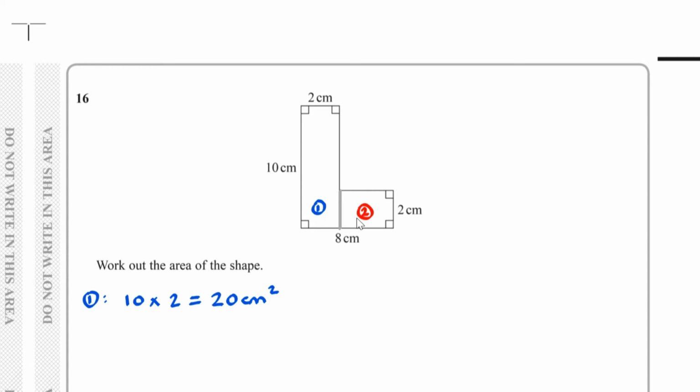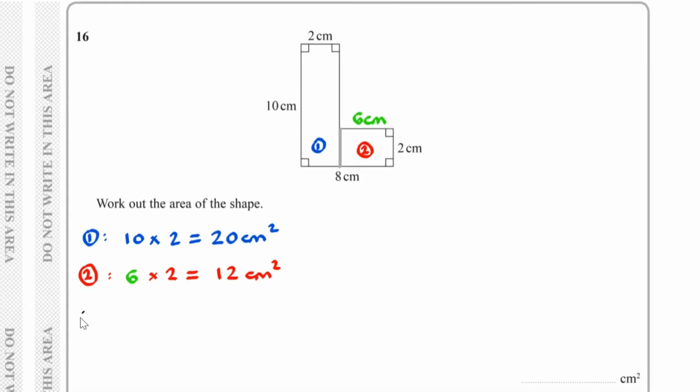And for this second area, well, this length over here will be 8 take away 2, which is 6 centimeters. So we would have 6 multiplied by 2, which is 12 centimeters squared.